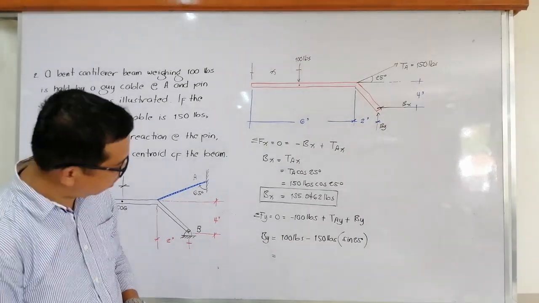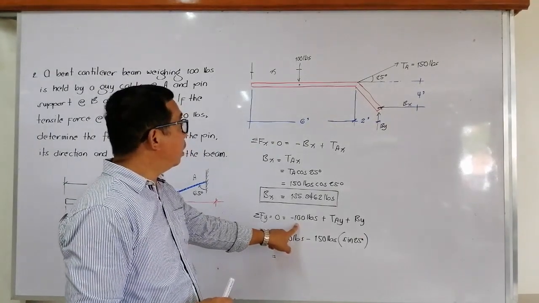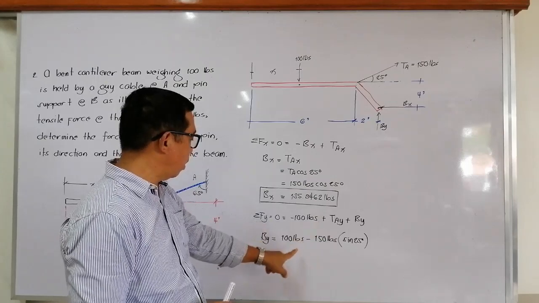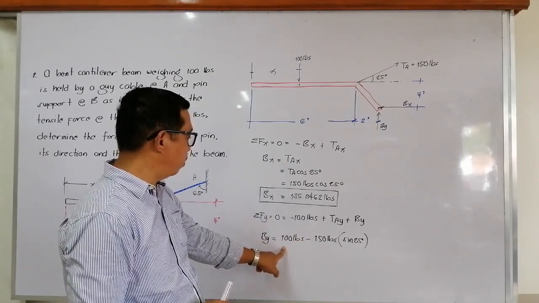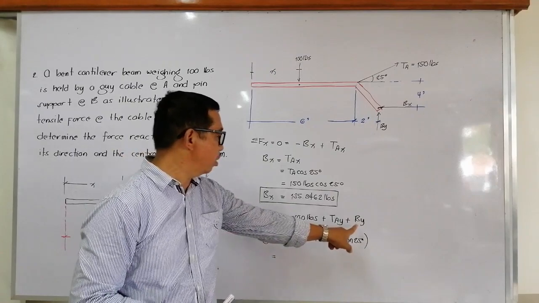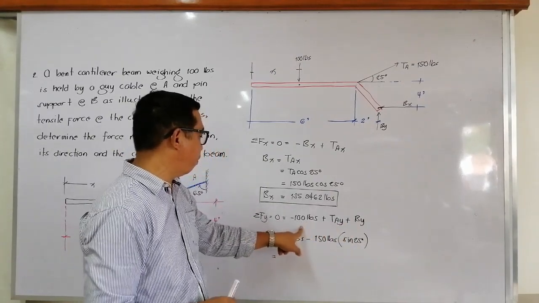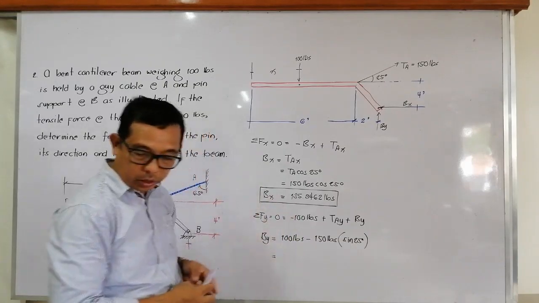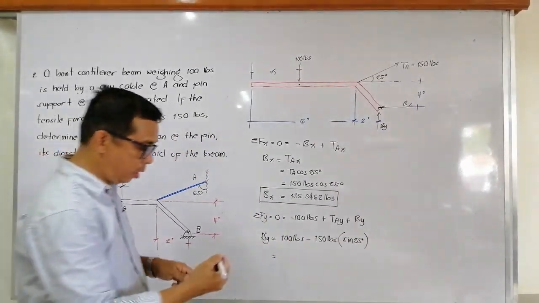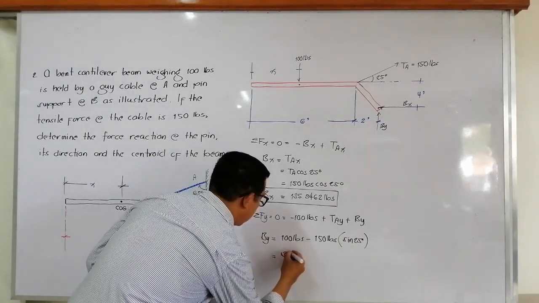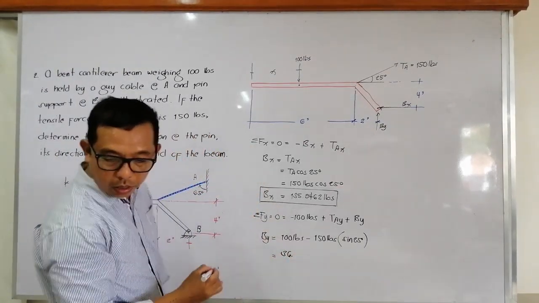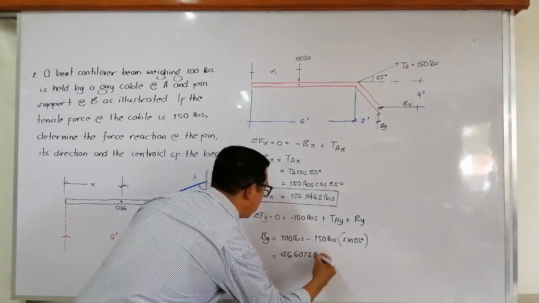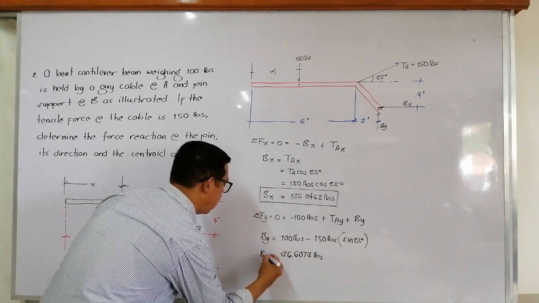Negative 100, positive By, positive TAy; transposing, the 100 comes positive, subtracted by TAy. So your answer is 36.6073 pounds. That is for your By.